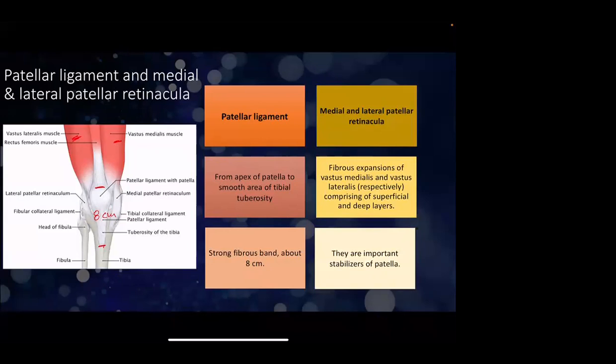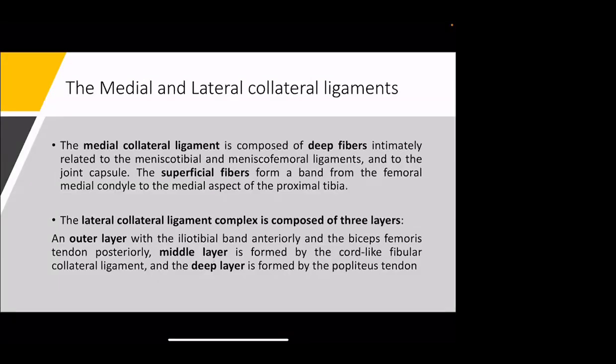Regarding the medial and lateral collateral ligaments, the medial collateral ligament is composed of deep fibers intimately related to the meniscotibial and meniscofemoral ligaments and to the joint capsule. The superficial fibers form a band from the femoral medial condyle to the medial aspect of the proximal tibia.